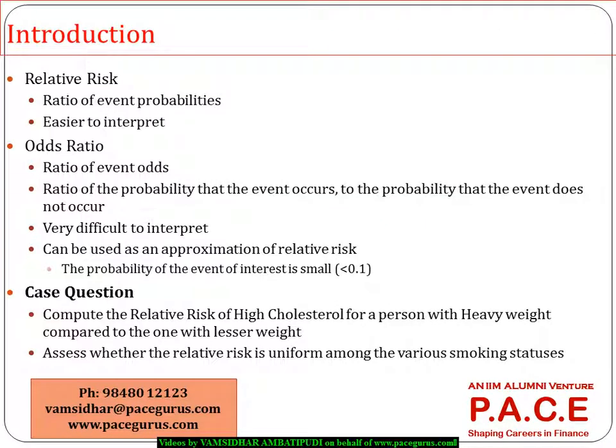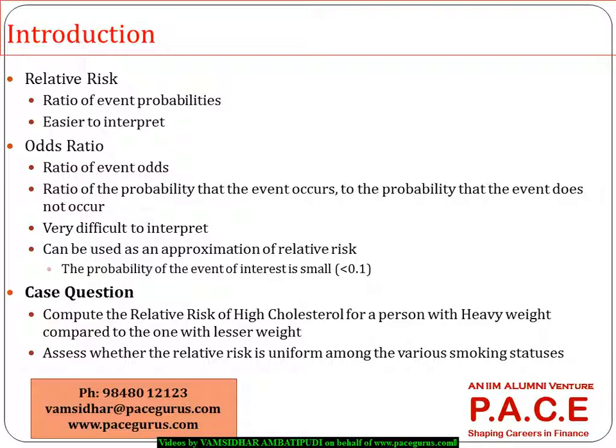So we'll look at that aspect here. Whenever I am talking about a relative risk, it is the chance of occurrence of the first one in comparison with the second one. That is why we call it a relative risk. And in some cases, we even use a word called odds ratio. We'll talk about these two things when we take up a case question.